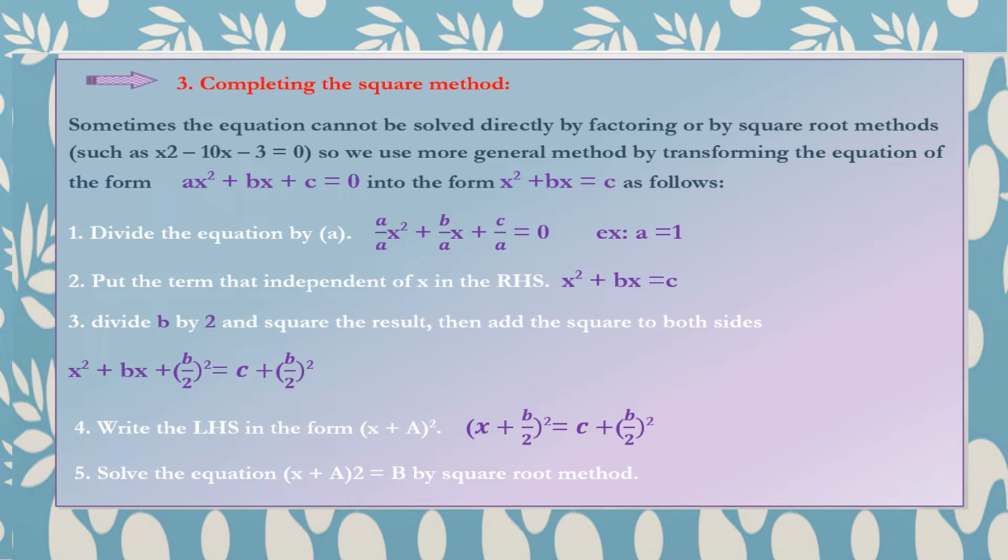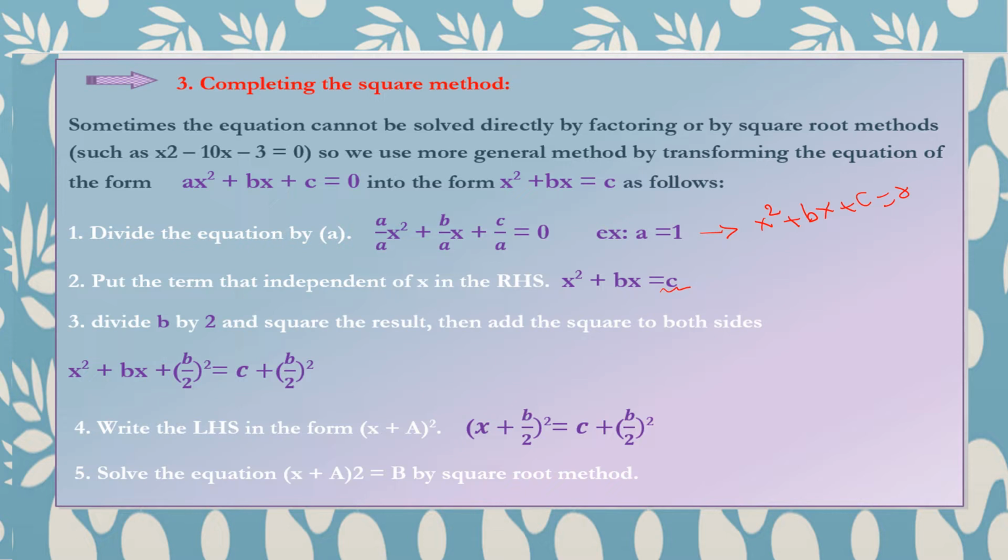The second step is to put the term that is independent of x on the right-hand side. The term independent of x is c, so we will put this term on the right-hand side.